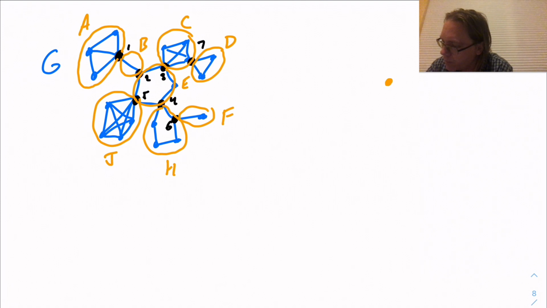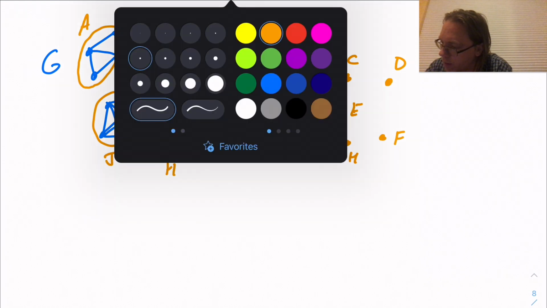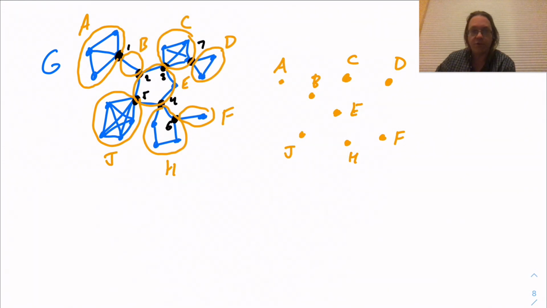So here's D, here will be C, here will be E. Here will be H, and here will be F. G is also joined to J, and here's E, and there's 2, there's B, and there's A. But those are just the vertices on one side of my bipartition.